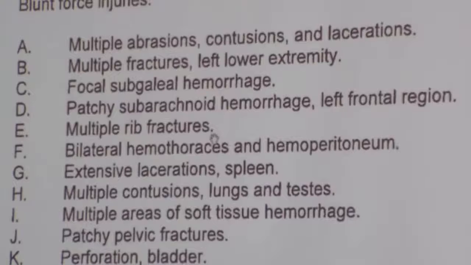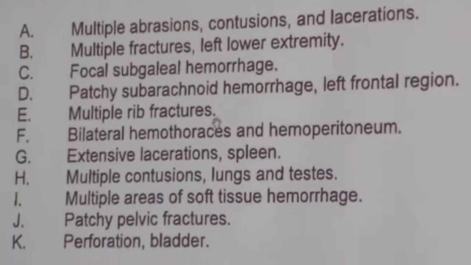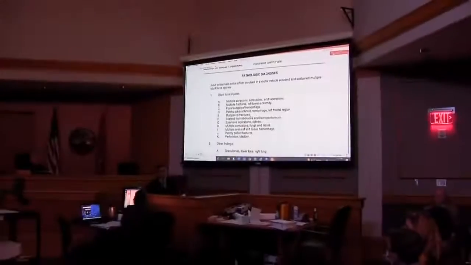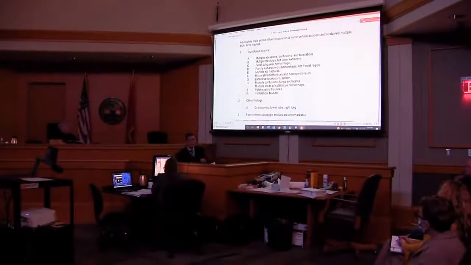Also, as a result of the pelvic fracture, the bone fragments punctured the bladder, so perforated the bladder. These are the major blunt force injuries. Are those the blunt force injuries that you ruled, in conjunction with one another, were the cause of death in this case? Right. So these are combined and called multiple blunt force injuries.